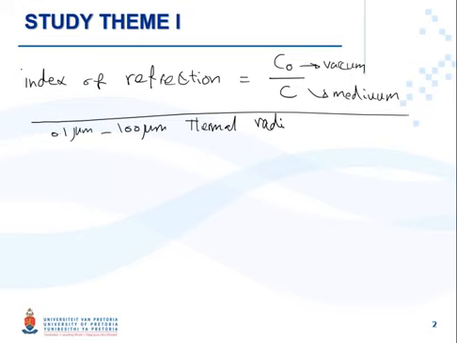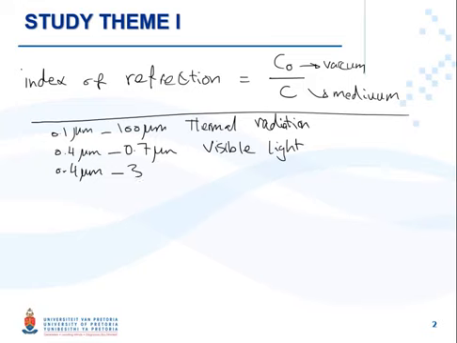It covers a bit of UV, visible and infrared, with visible light between 0.4 micrometer and 0.7 micrometer. We also mentioned another boundary of interest between 0.5 micrometer and 3 micrometer, which we call solar radiation.